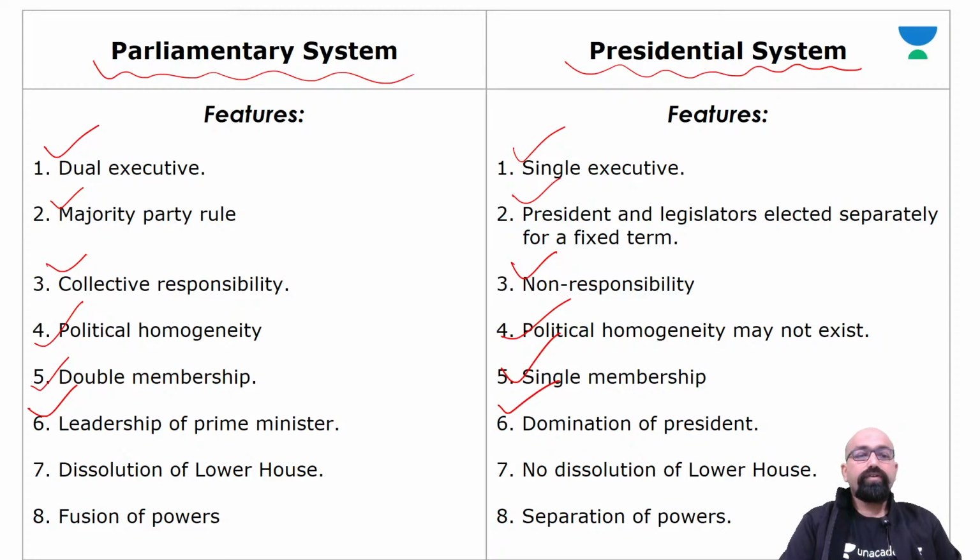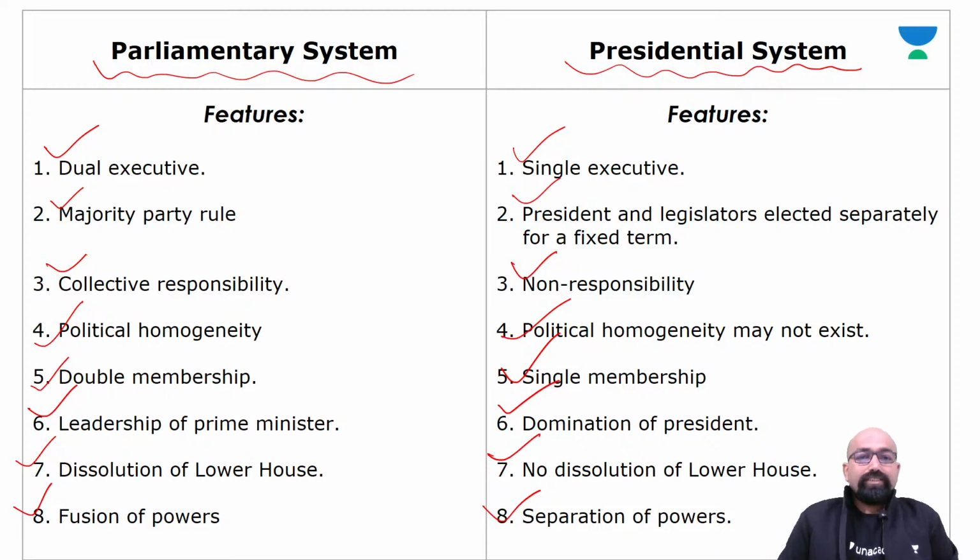We can observe features like dissolution of lower house in parliamentary system, whereas no dissolution of lower house is observed in the presidential system. We can say fusion of powers is observed in a parliamentary system and separation of powers is observed in presidential system.